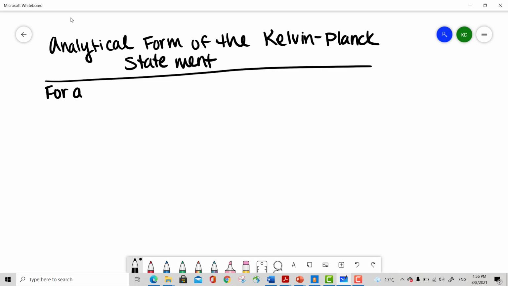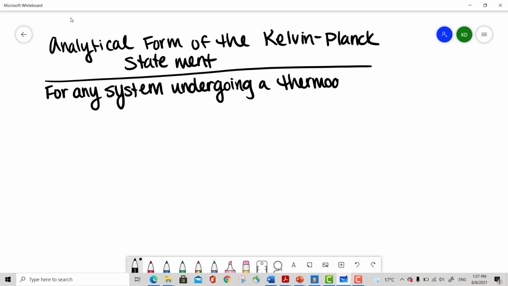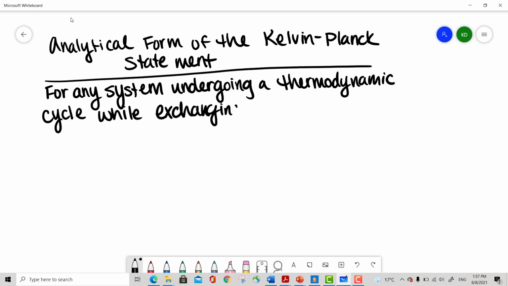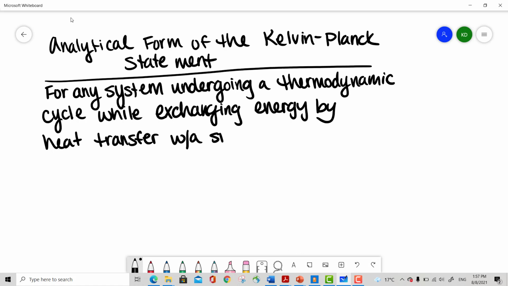So for any system undergoing a thermodynamic cycle while exchanging energy by heat transfer with a single thermal reservoir.